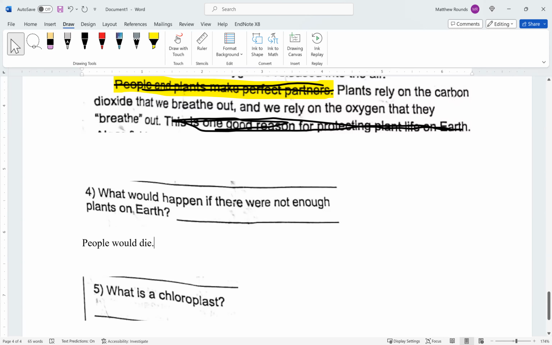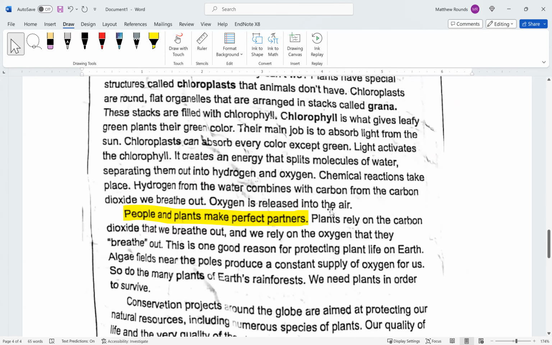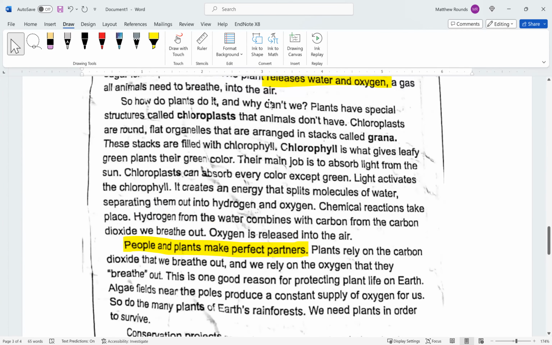Got it. All right. Read the last question for me. What is a chloroplast? All right. So I want you to read this sentence right here that I'm highlighting. Chloroplasts are round, flat organelles that are arranged in stacks called grana. So that is what a chloroplast is.